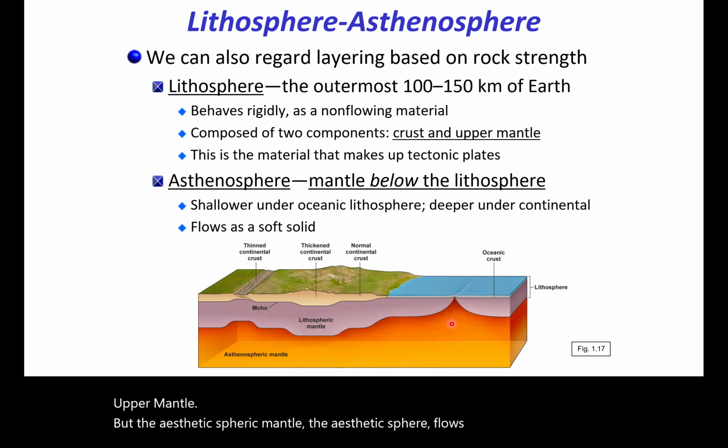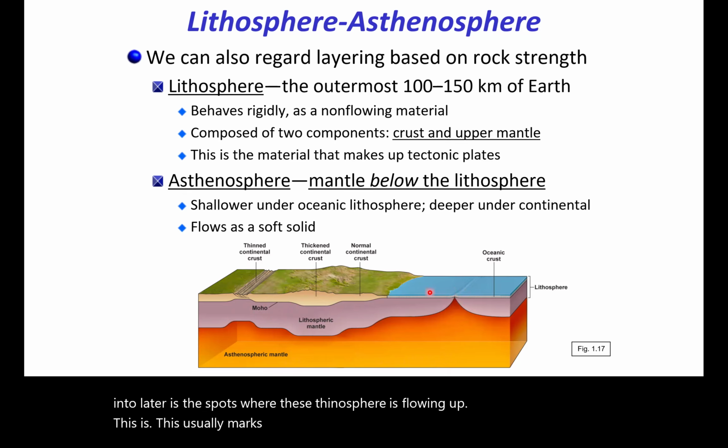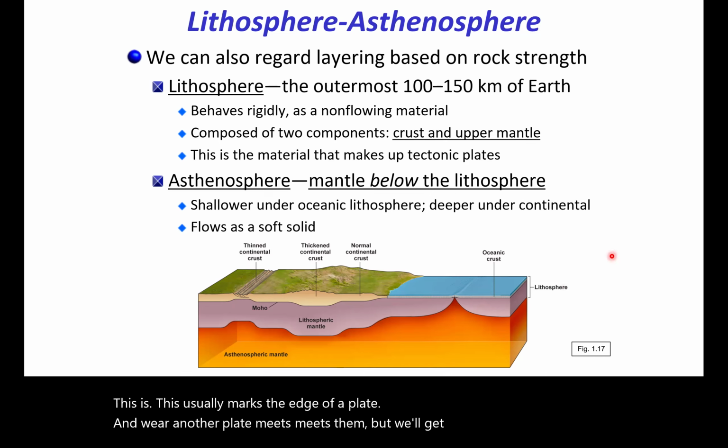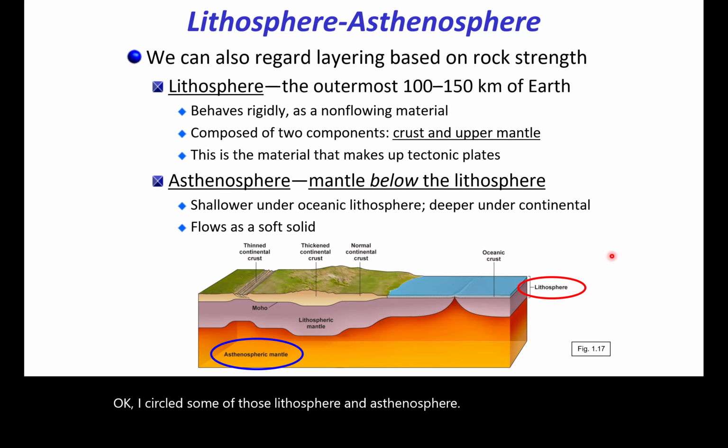And what we'll get into later is the spots where the asthenosphere is flowing up. This usually marks the edge of a plate and where another plate meets it. But we'll get more into that later. Lithosphere and asthenosphere are two other ways of talking about the outer parts of the Earth.